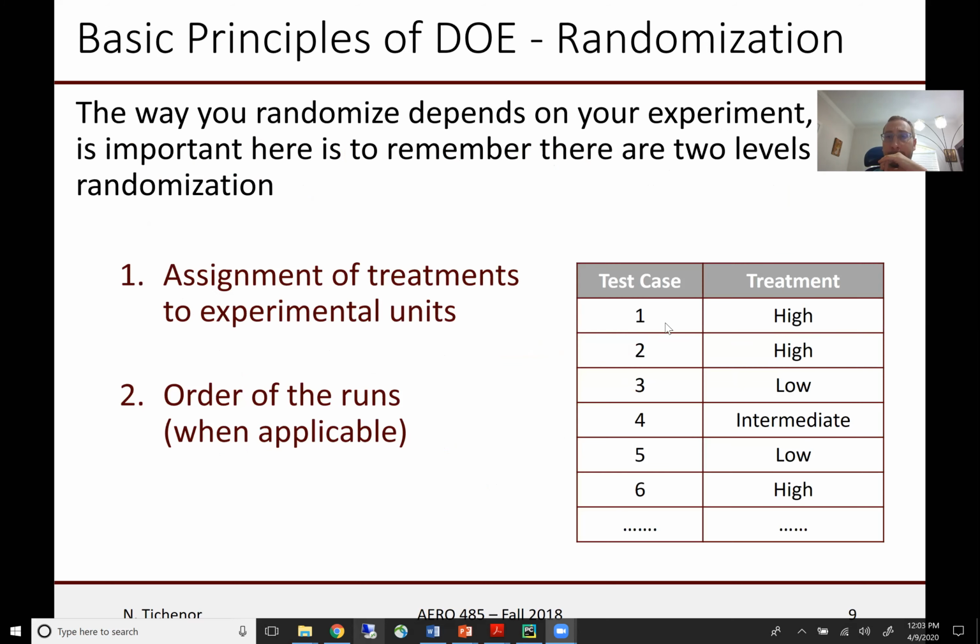And so you can map this to the experiment we did. Here, the treatment is just the temperature because time is random.